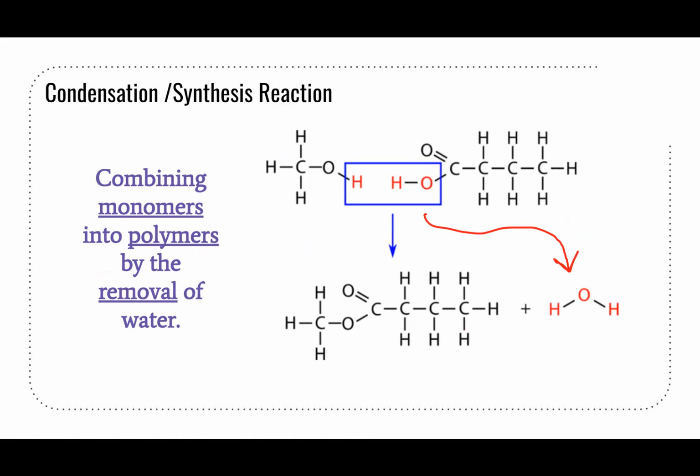And so this is a synthesis of H2O, synthesis reaction. We're synthesizing also a new macromolecule. We're combining monomers into polymers by the removal of water in these structures. Okay, synthesizing monomers into polymers by the removal of water.